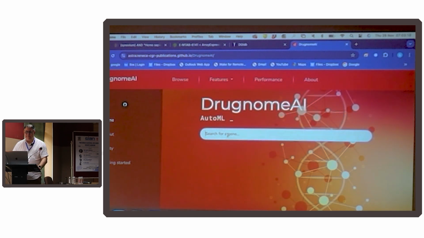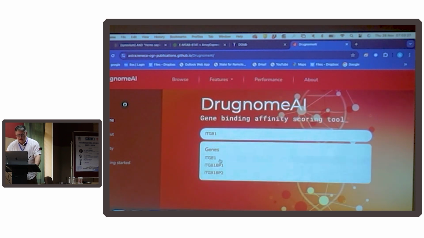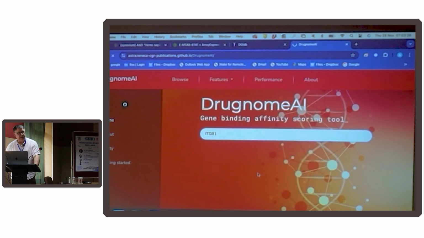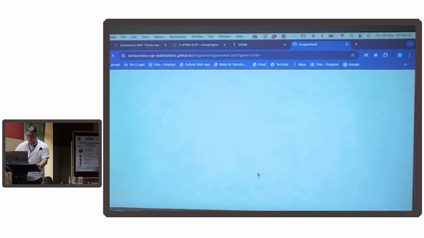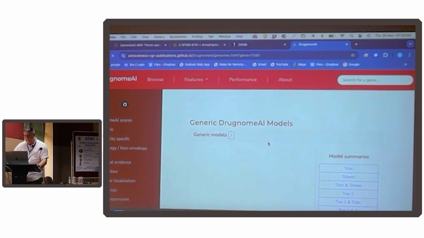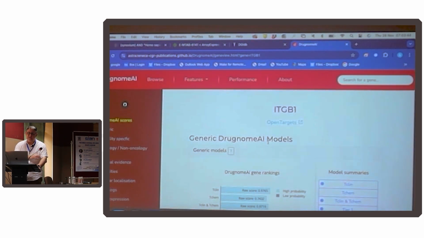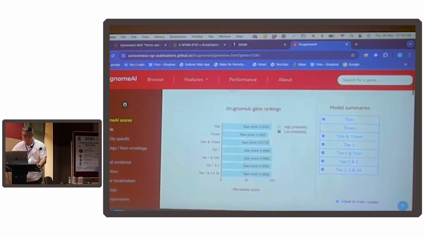So I can search for a gene. So if I put ITGB1, oops. You can see it comes up with ITGB1. Right, so now it's interrogating this database and it has various scores.